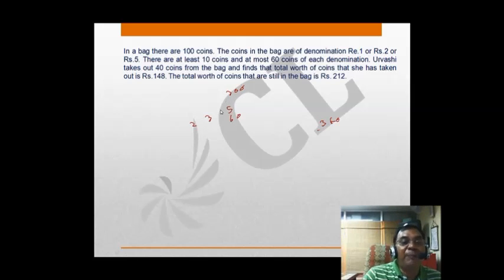Now if I put everything of 3 rupees, 40 into 3 is 120. The total money should be 360. But if I take all 40 to be 3, then what will happen? 120. So how much extra do I have?